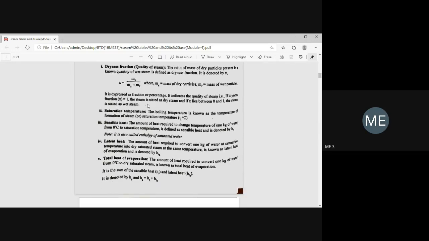In steam tables, mainly concentrate on the definitions. Boiling temperature is also called the saturation temperature, the formation of the steam. 100 degrees Celsius is the boiling temperature of water, which is the saturation temperature of water.